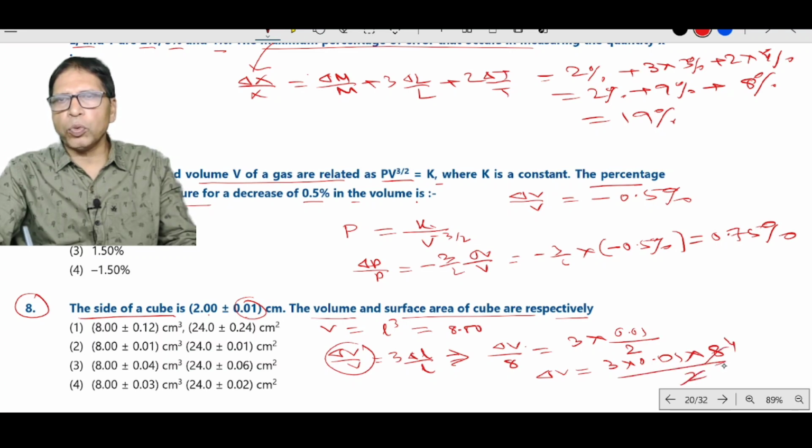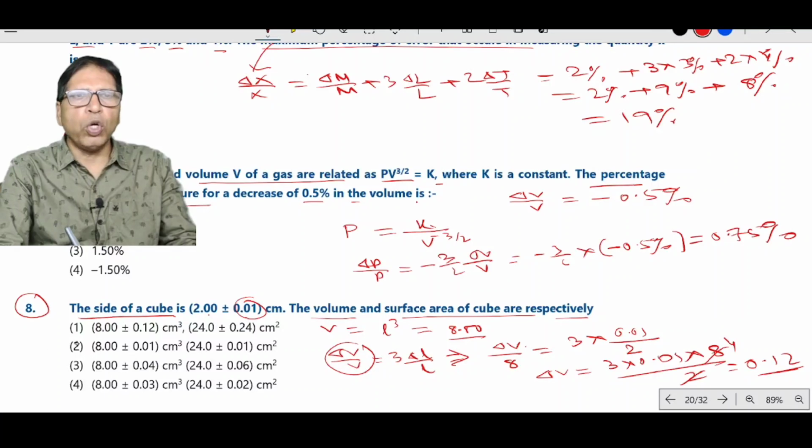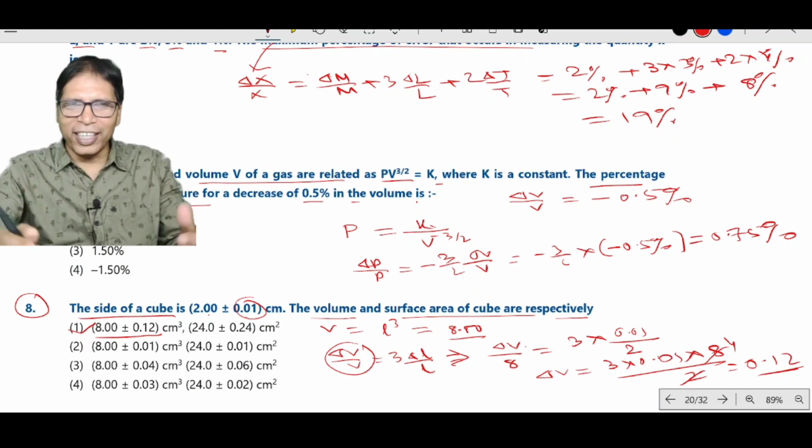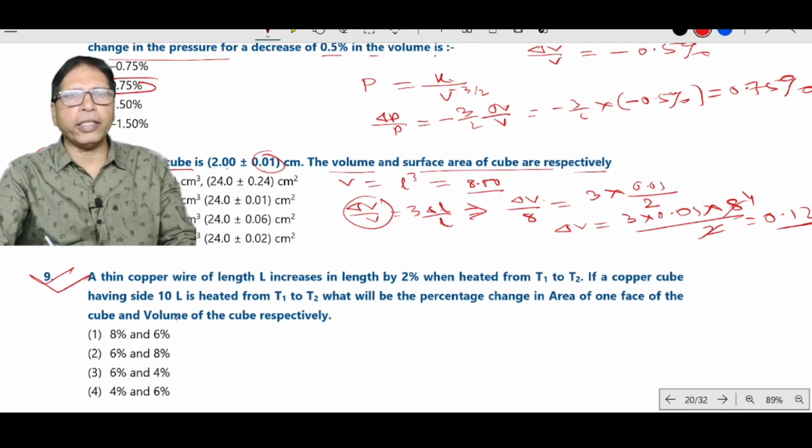Now this and this is 4. So this is 0.12. Now V equals 8.00 and delta V is 0.12. So look at this, the option is correct for volume, and this is the correct option for both. Okay, now question number 9.